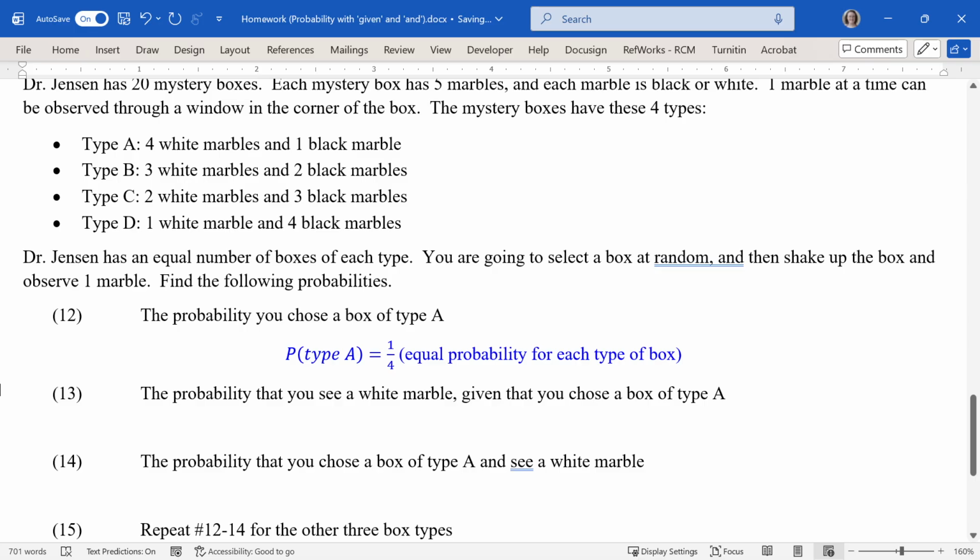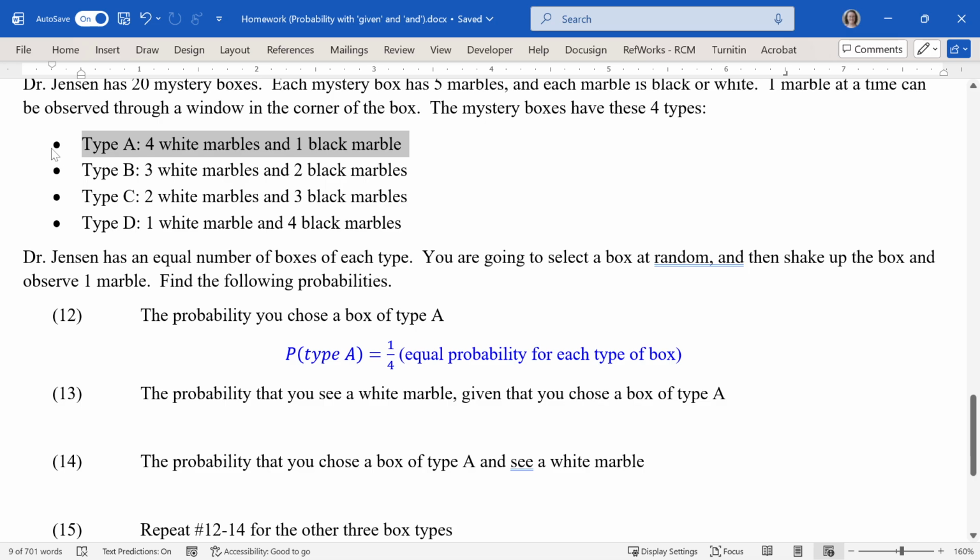Okay, now next, the probability that you see a white marble given that you chose a box of type A. So the type A box has 4 white marbles and 1 black marble.